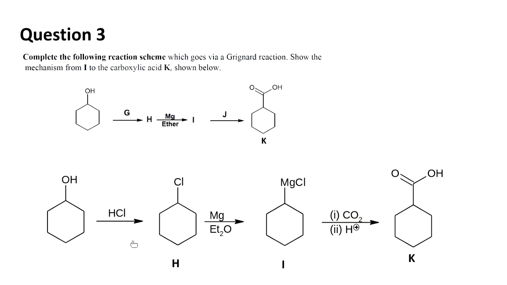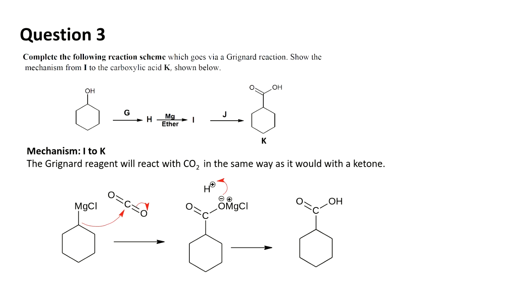So let's go to the mechanism of the reaction. Just like you'd normally do for a ketone or carbonyl, we have CO2, which has two carbonyl groups. The Grignard we know is polarized, and so in our magnesium carbon bond, the magnesium is positive and the carbon is negative. So the alkyl group acts as a nucleophile.